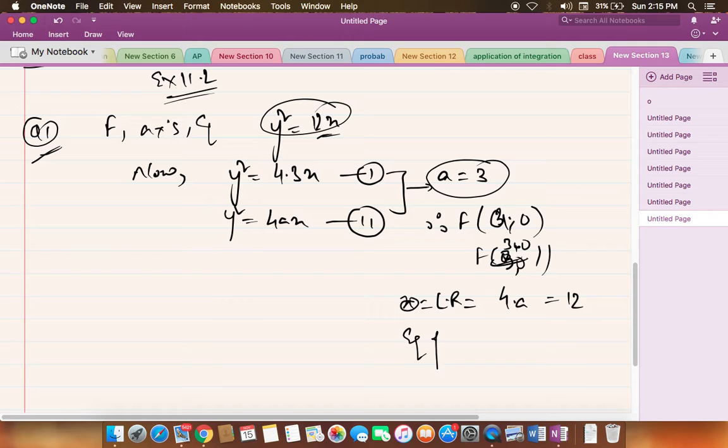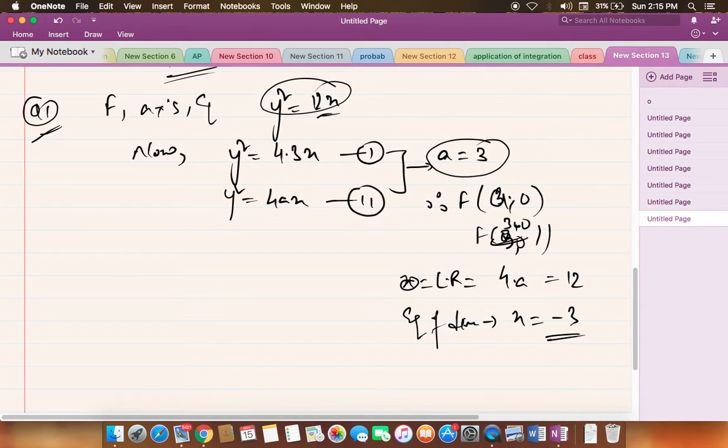Then equation of directrix is x is equals to minus 3, and axis will be, it's in which axis? This is this type of parabola, it's on x axis. So that's it for this numerical.